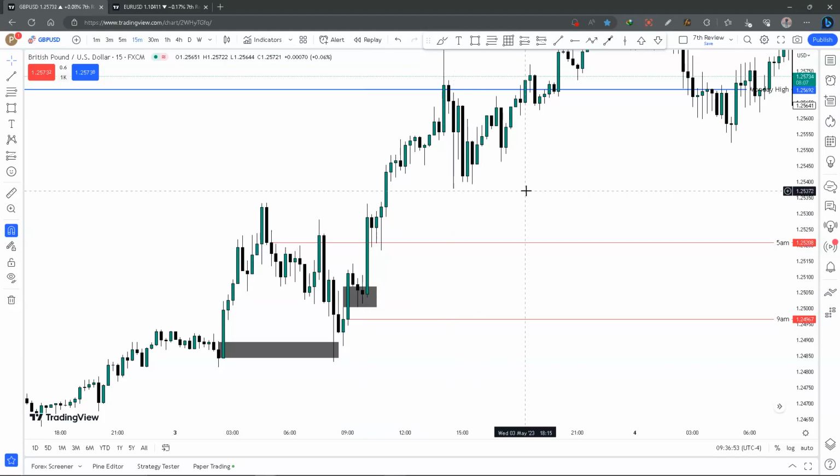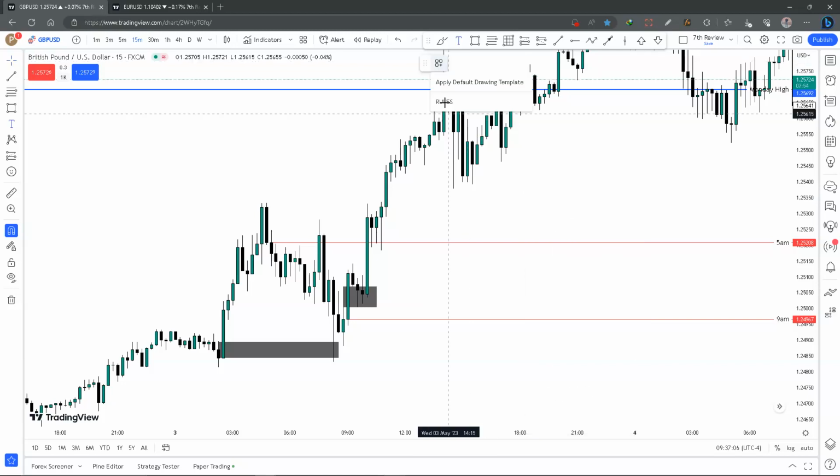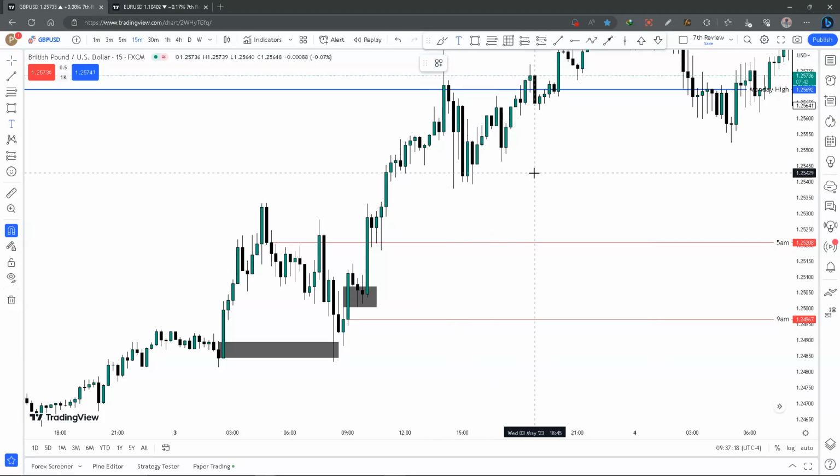Let me just put the rules out one more time so you can understand. You want to have certain rules for engagement. You don't just want to trade for the sake of trading price action, retail minded.